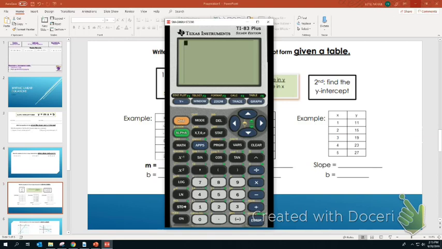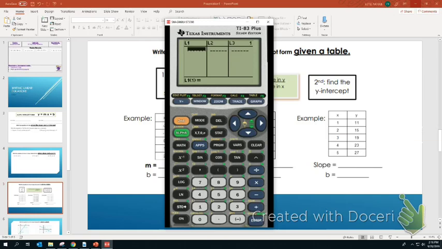On my calculator, if I go to the Stat button right here under Delete, it will give me a list of options. I want to go to Edit, so I'm going to hit Enter on 1. So I have a list or a table that I can make. In your table, you can use L1 to represent your x's and L2 to represent your y's.